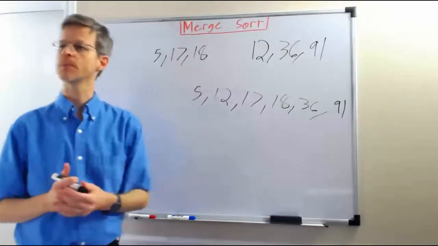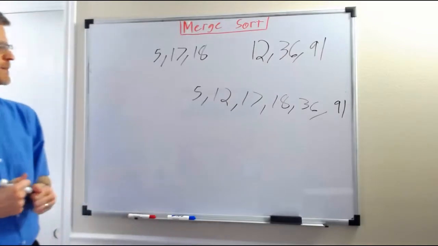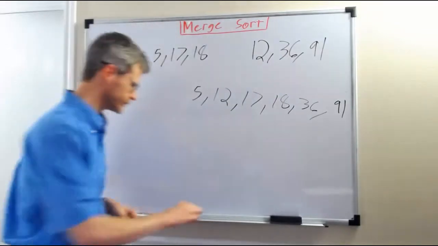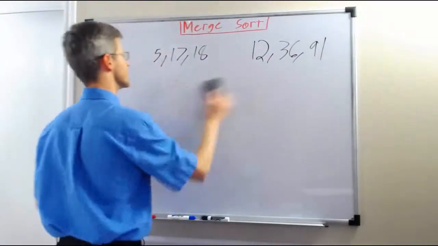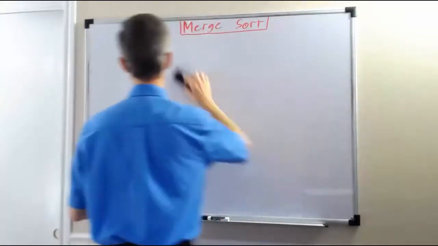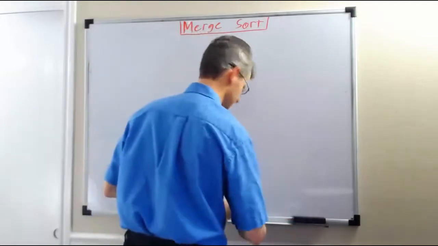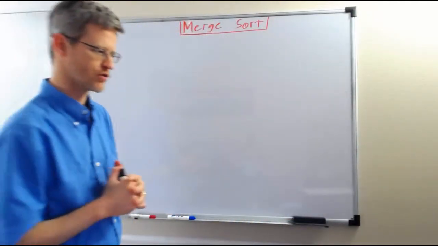Okay, so this is all very well that given two sorted lists, you can merge them in time O(n), but what if we've got a bunch of numbers that aren't sorted at all? Well, the answer is, we just consider our initial set of unsorted numbers as a bunch of lists of length 1, and any list of length 1 is sorted because it only has one possible ordering.